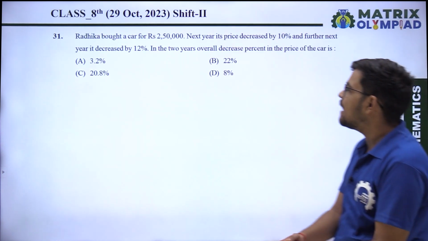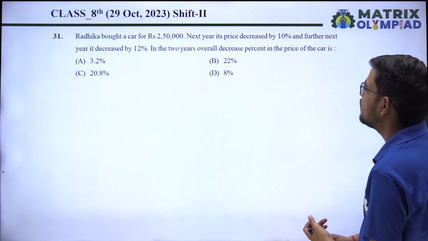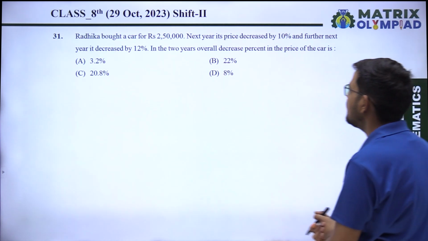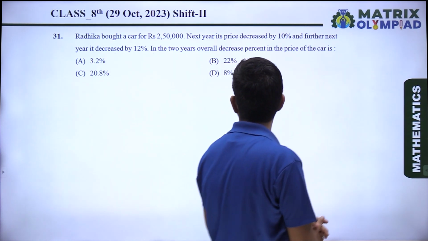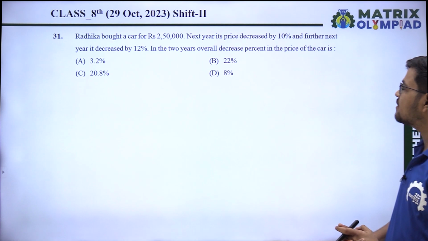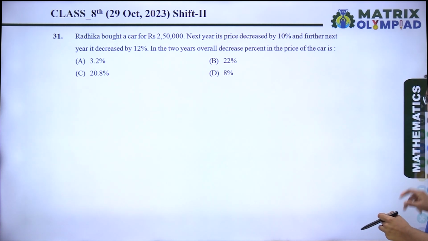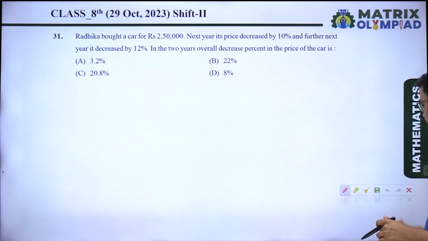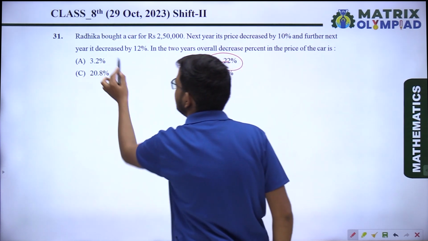Next question, Radhika bought a car for rupees 2,50,000. Next year, its price decreased by 10% and further next year, it decreased by 12%. In 2 years, what is the overall decrease percentage in the price of the car? Listen, we have to find it in the form of a percentage.